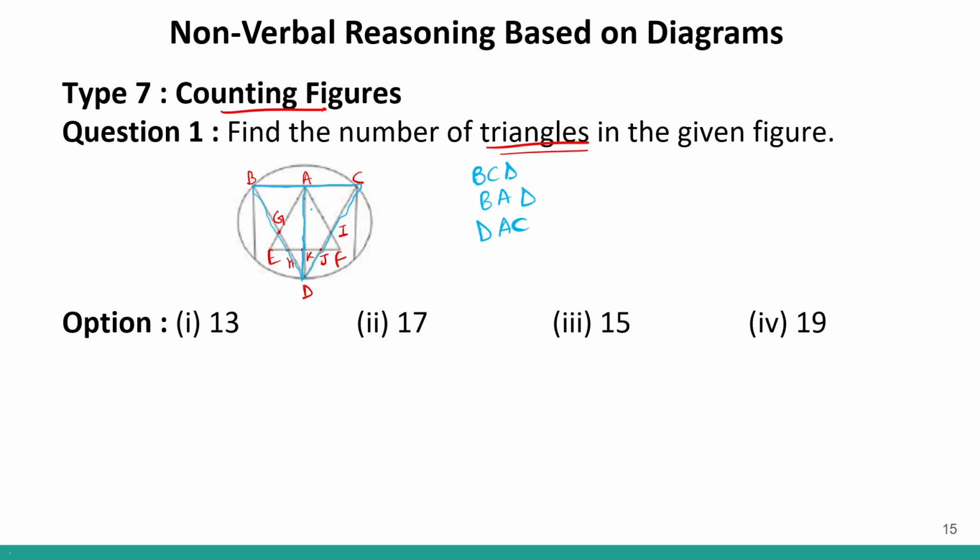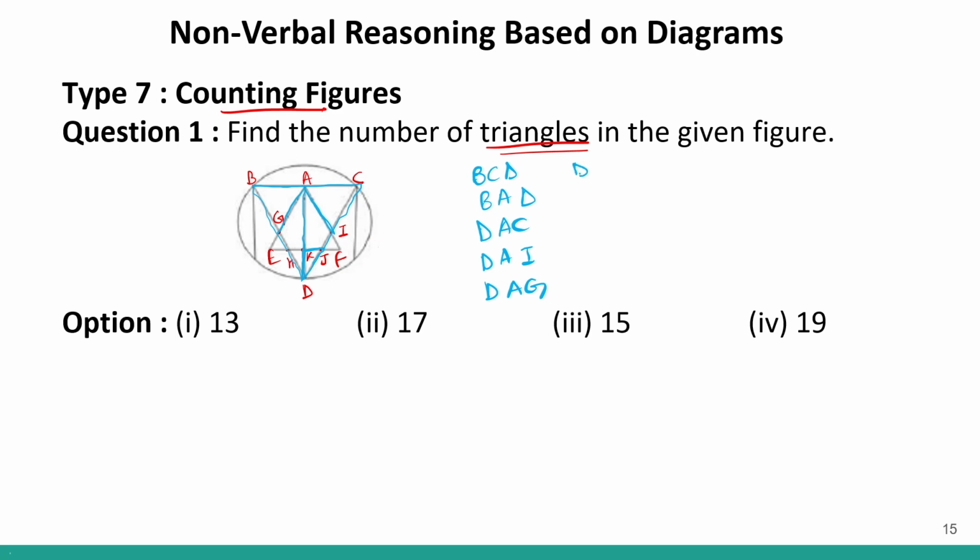Now, if I look over here, this point, I see a triangle. This is DAI. Similarly, I see a triangle over here which is DAG. Correct?